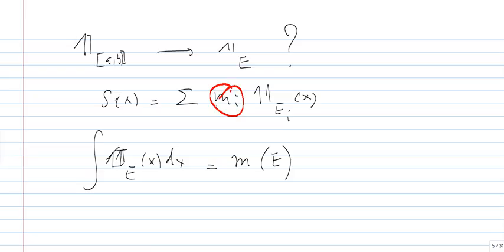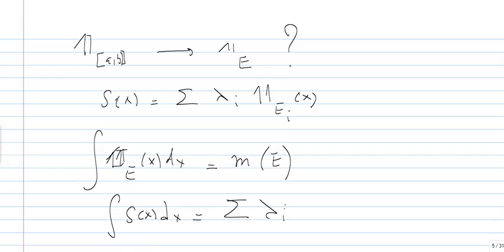So if you take, instead of having m, let us change and put lambda_i for the sake of clarity. In this case, the integral of s of x dx will be defined as the sum of lambda_i times m of E_i, using the properties of linearity of the integral.